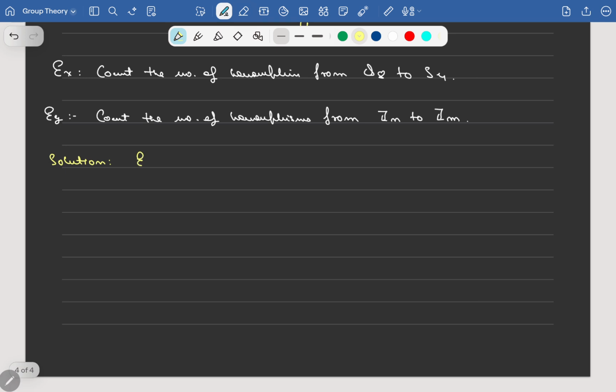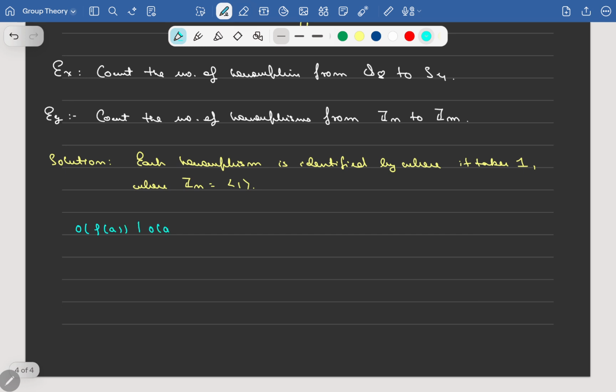So each homomorphism is identified by where it takes 1, the trivial generator, where Zn is simply generated by 1. Now something which you can try and do is observe that the order of the image of an element under a homomorphism divides the order of the element itself.